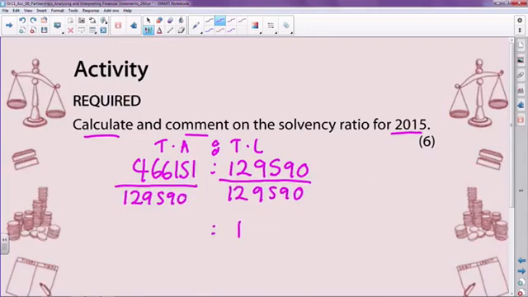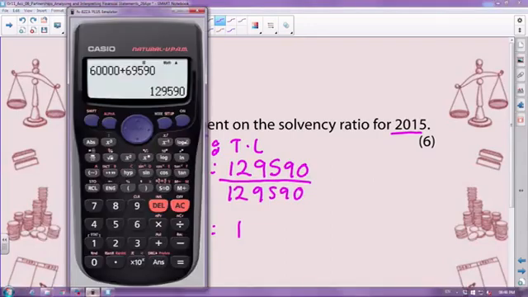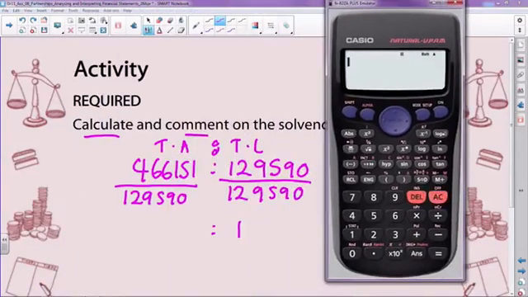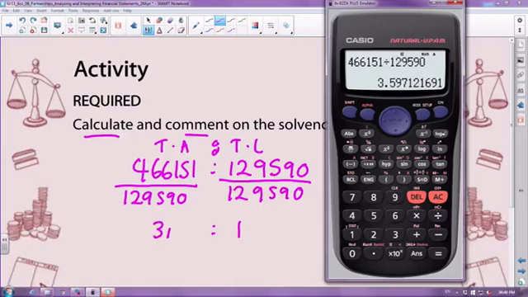So that's going to give me a ratio of 466,151 divided by 129,590. Okay, there we go. So we've got a ratio of, I'm going to round off, 3,6 is to 1.